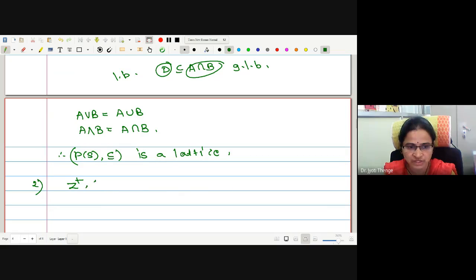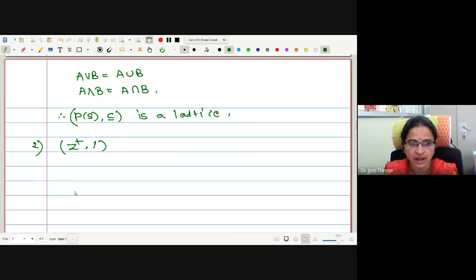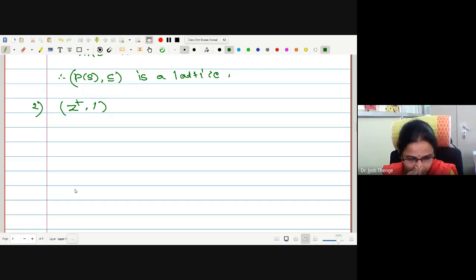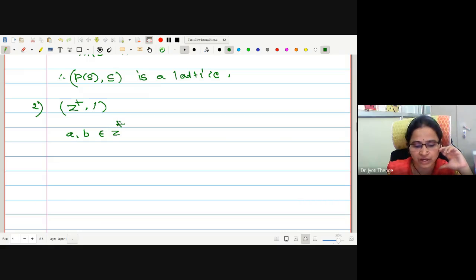Z plus with divisibility. We will try to understand whether it is a lattice or not. To understand whether it is a lattice or not, we start with arbitrary elements A, B in Z plus, and we are interested in finding the least upper bound and greatest lower bound. What is the least upper bound under divisibility?